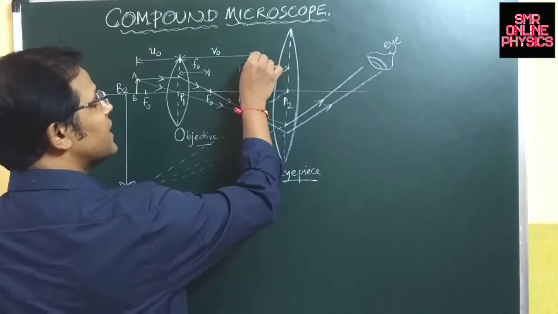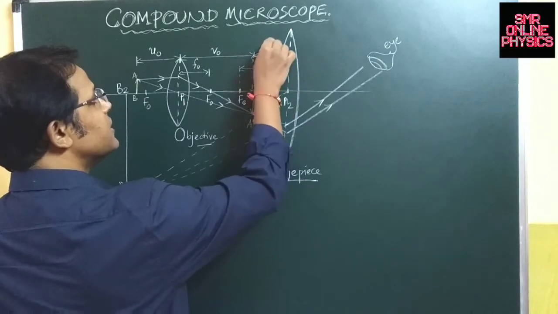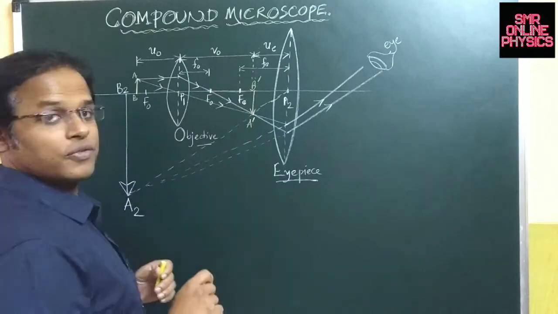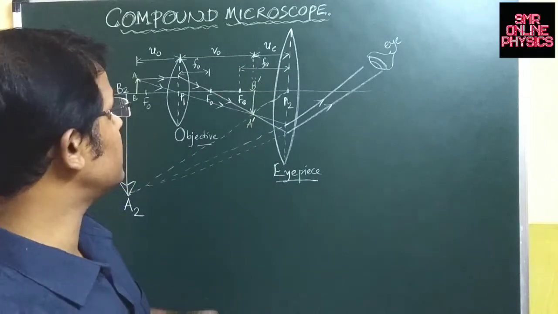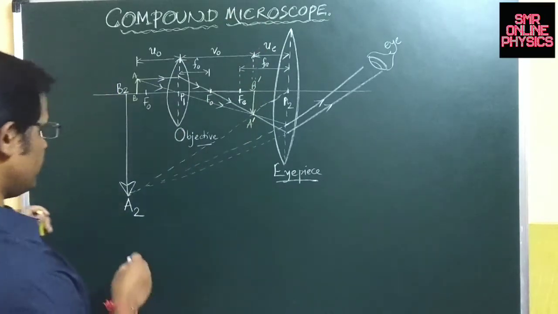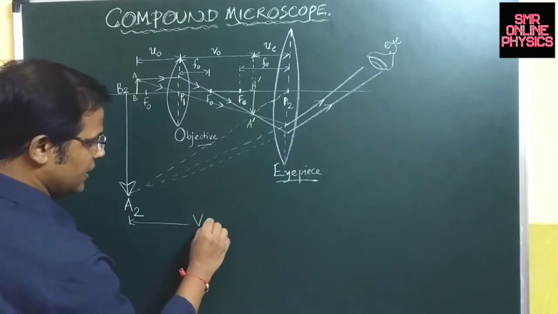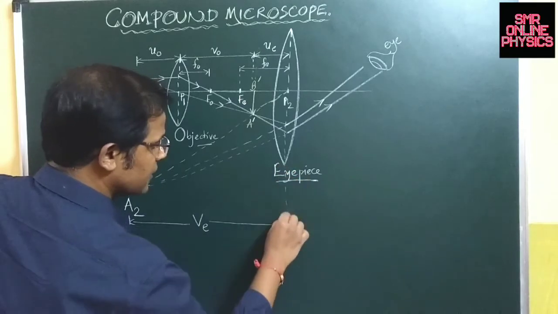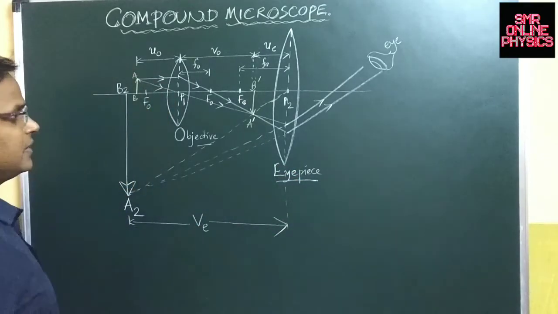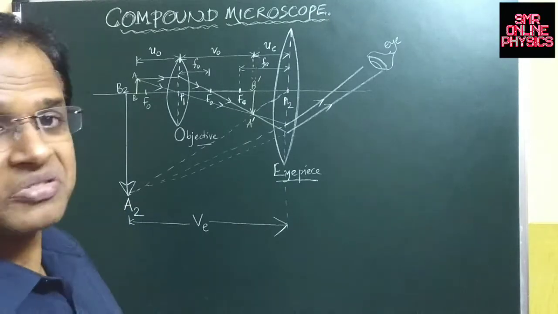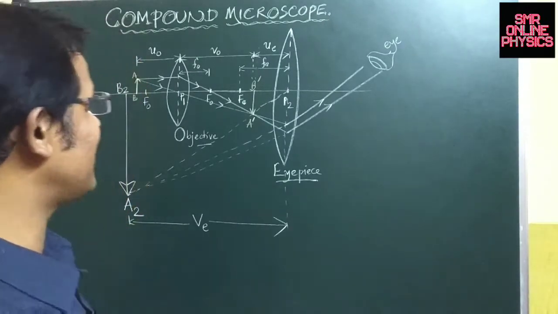This has to be exactly your object distance from the eyepiece. Not to be getting confused with a lot of dotted lines. I'm very, very sure everything's clear. So this is your final image distance, VE, formed by the eyepiece. That's it. So once you're damn sure about the diagram, finish, you can get it always right.